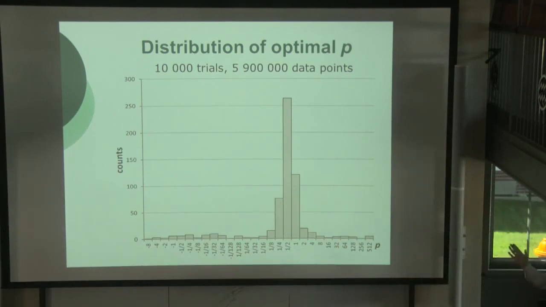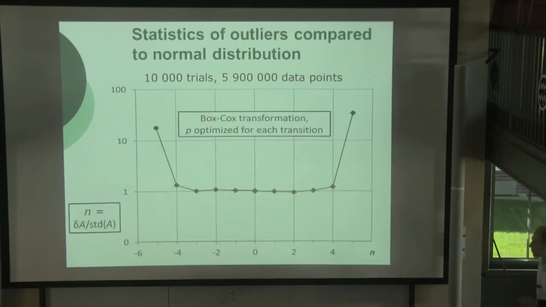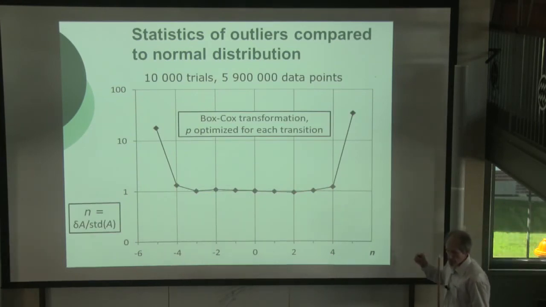And why the change between 1,000 and 10,000? This is because all statistical properties that you derive from statistics strongly depend on these extreme outliers.